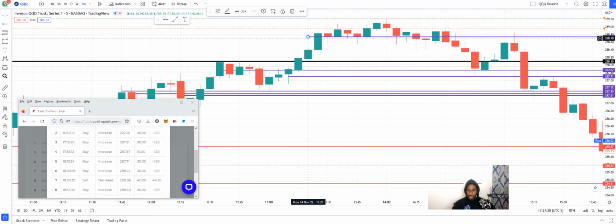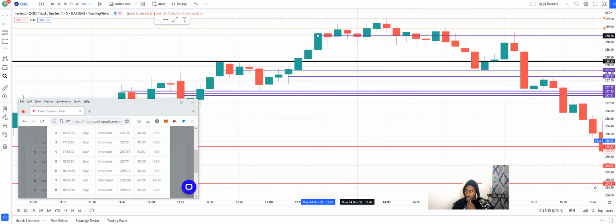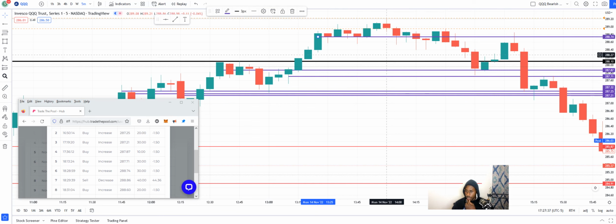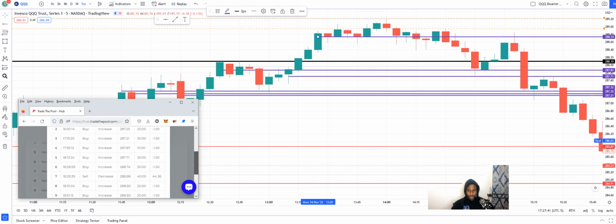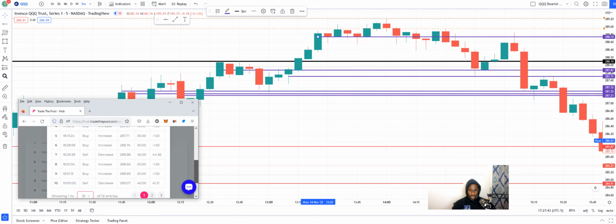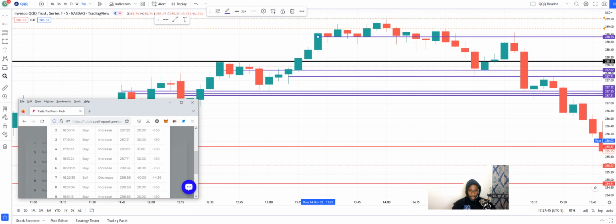Okay, it was on this candle, on the 125 candle, at 28874. So I entered for a buy here for it to continue going up. 40 shares, 30 shares, 28874.